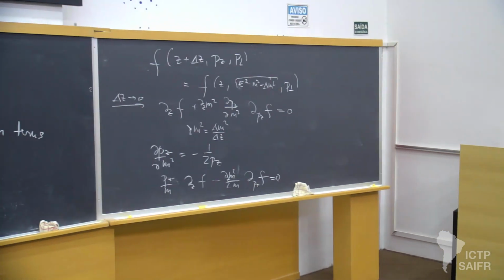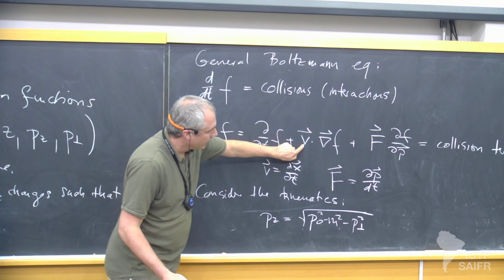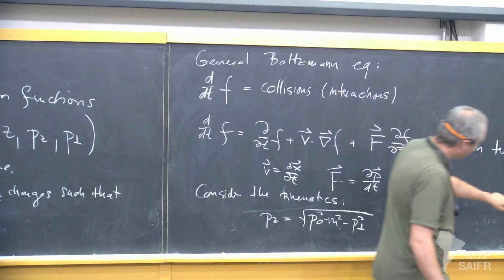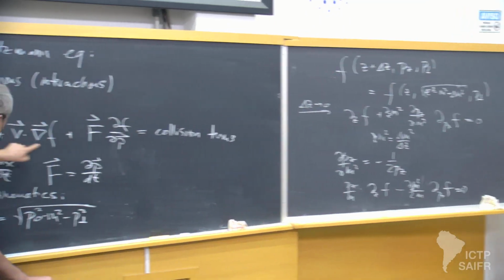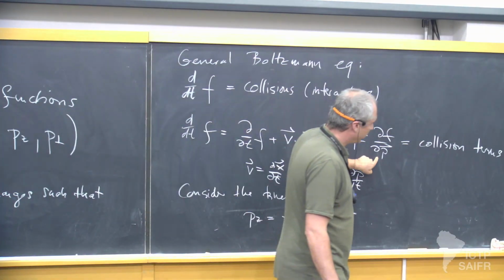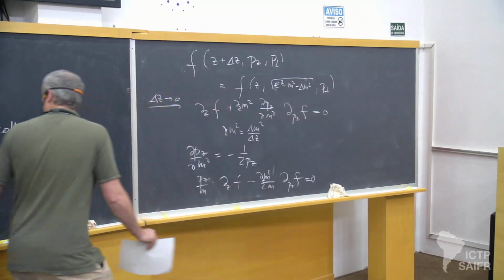Right? So since we are in the wall frame, there is no explicit time dependence, this term drops out. Right? The z velocity is Pz over m. This comes with a z derivative. And then we have a term which goes like dPz and has this in front, right?